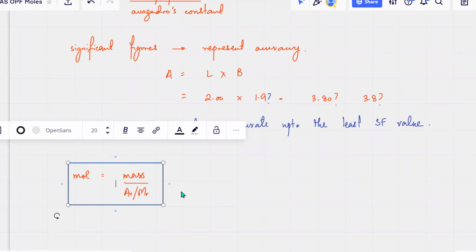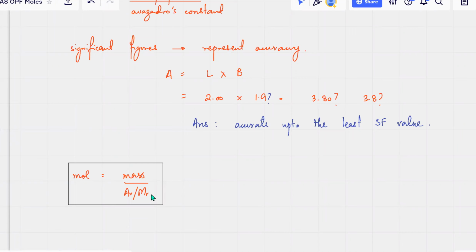You can use ratios, but again, you have to be very quick. Like if somebody is asking you for the mass, it's on your fingertips, you don't even have to write the formula. Just multiply moles with the MR. If somebody is asking for moles, just write mass by AR on your calculator in as little time as possible.